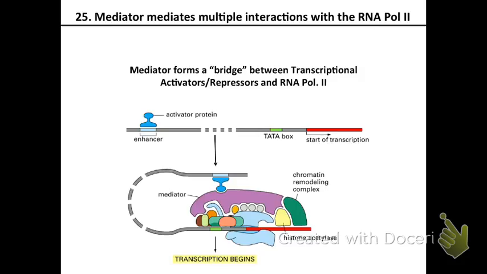What it does is it's a large protein complex made up of multiple subunits, and it interacts simultaneously with the transcription activators that are bound at distal enhancers, as well as the proteins in the RNA polymerase and at the promoter region of the gene. So it transmits the information from the enhancer to the polymerase, and that mediates the transcription.